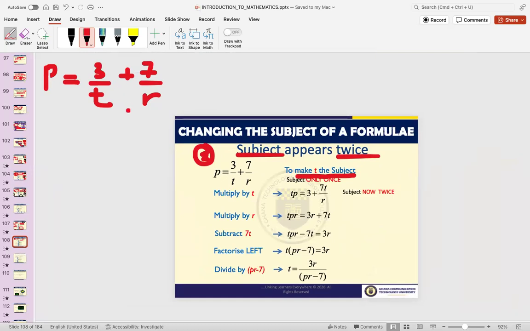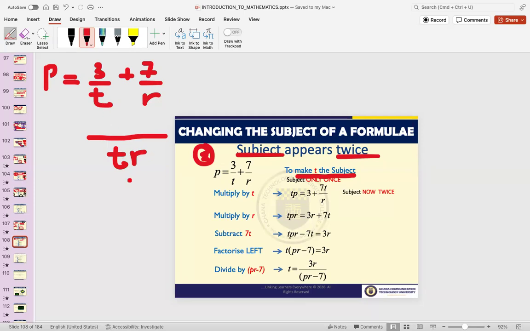Now, the first thing you do is, because they are fractions, you find LCM. LCM of two letters means just multiply the two letters, T and R. So you have TR this way. T will come into TR, means that cover T, and then R will be left.